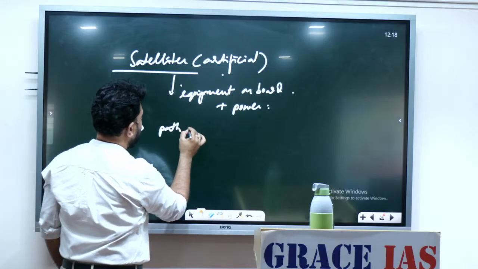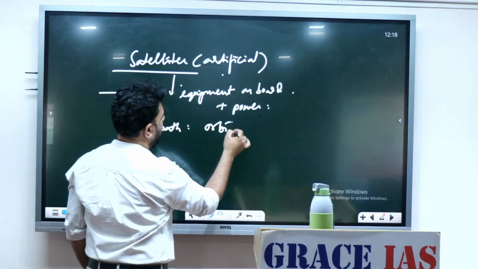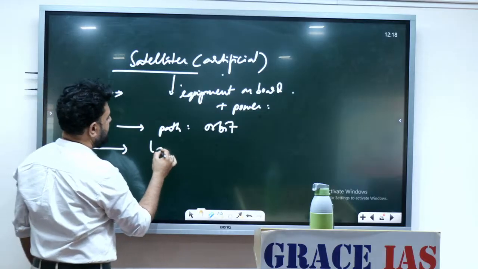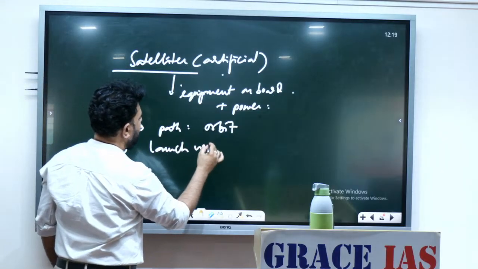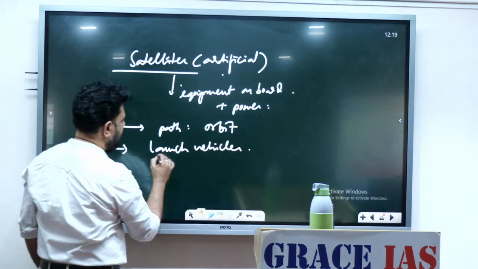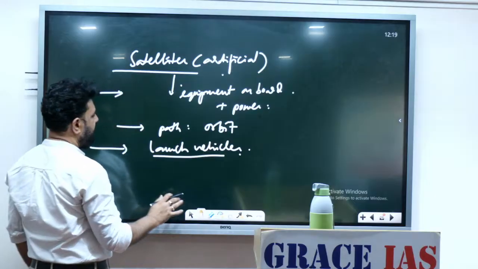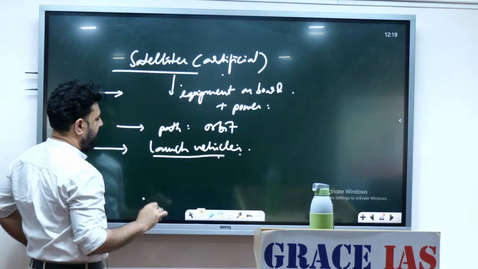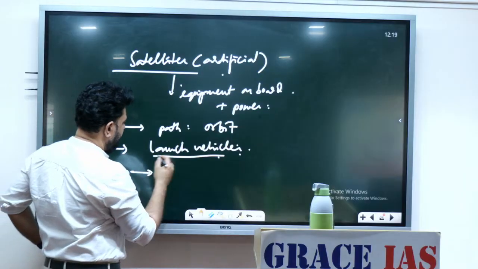That path is called an orbit, or orbits, and they should be sent using a certain vehicle, a launch vehicle, and launch vehicles should be designed in such a way that they perform the work, and in the designated orbit they will introduce this equipment here. And launch vehicles would depend on what?